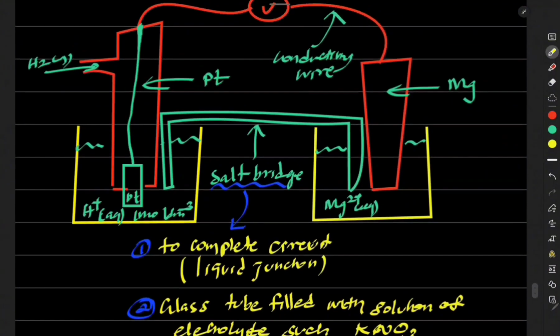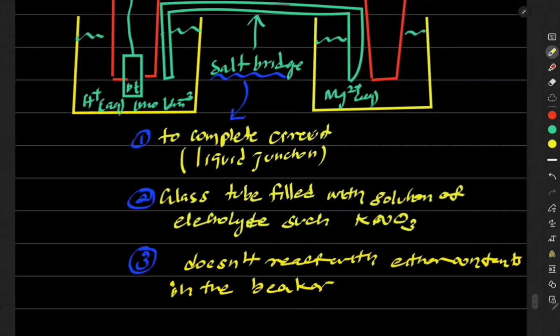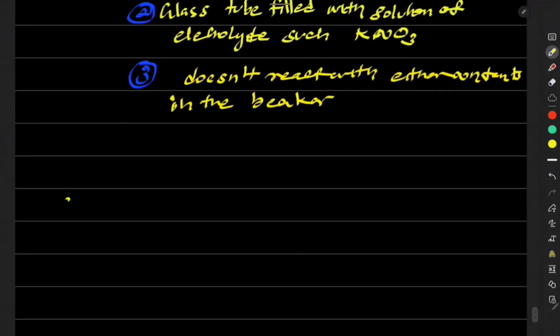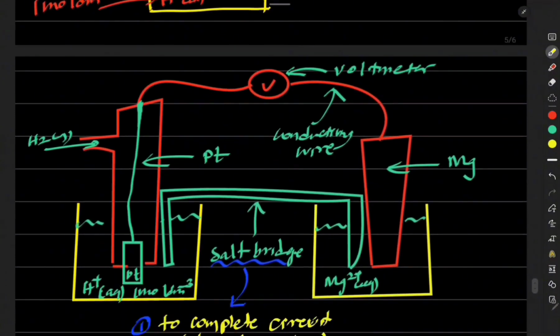How are the potentials of the electrodes found? Here they consider the standard hydrogen electrode potential as 0 volts, and they are connected, and the voltmeter reading will show the electrode potential of the metal. In this case, the reading will be the potential of magnesium.